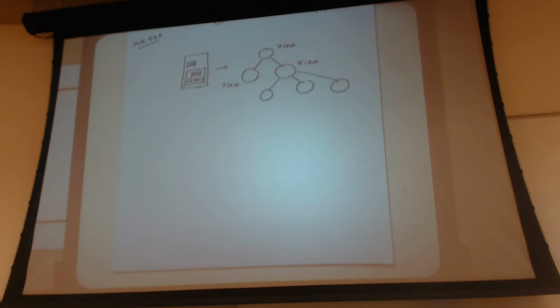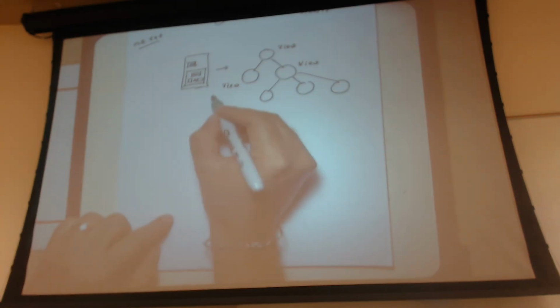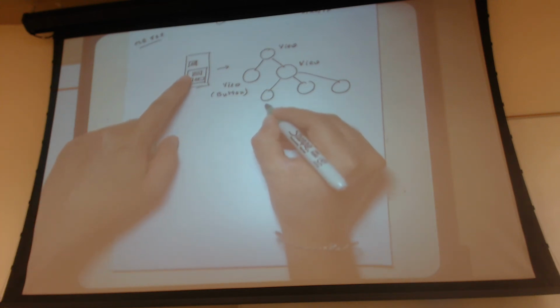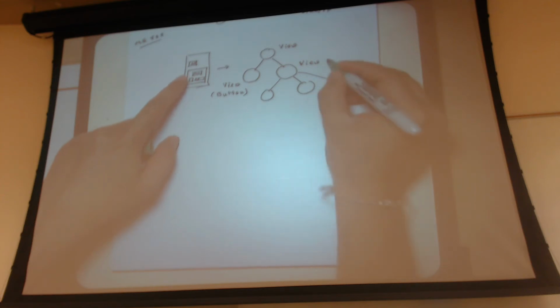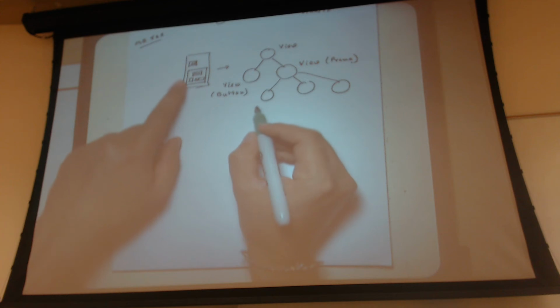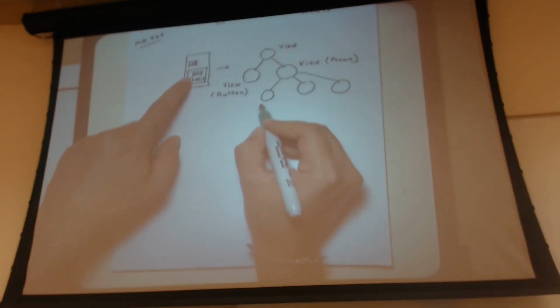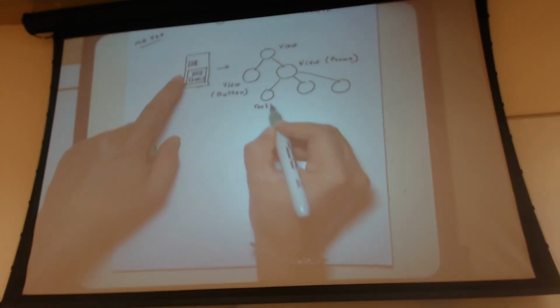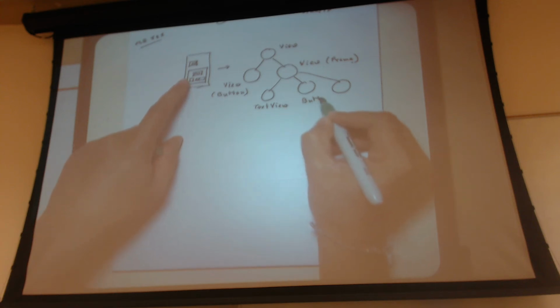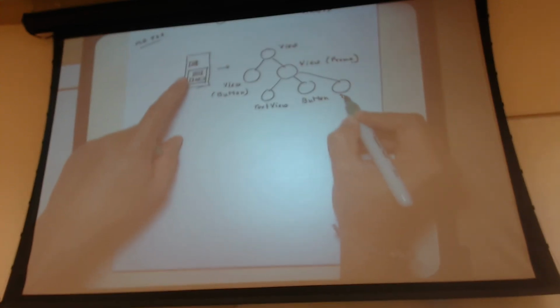So this one was our button view, but it's a button. Right? This one I think was a frame view. This I think was a text view. This was a button, and this was a drop-down list.